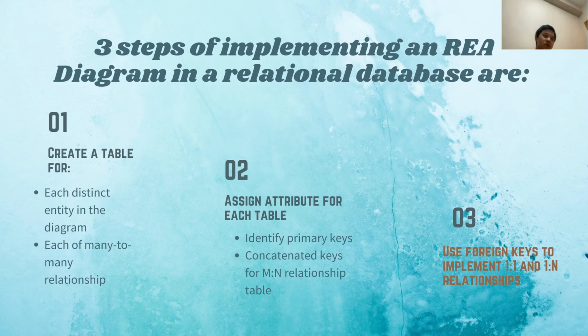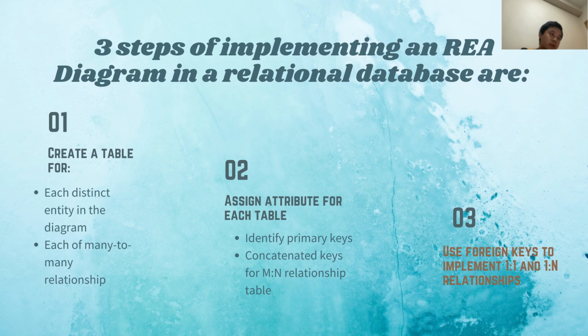A relational database is a type of database that stores and provides access to data points that are related to one another. So yeah, there are 3 steps to implementing an REA diagram in a relational database, which are the following.